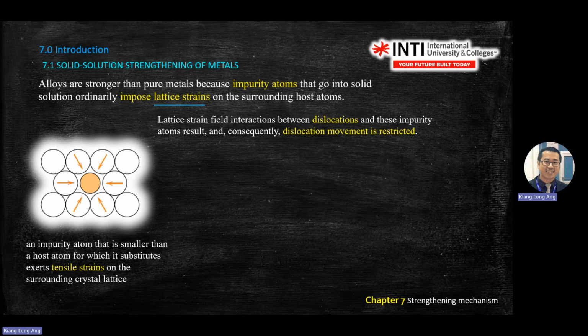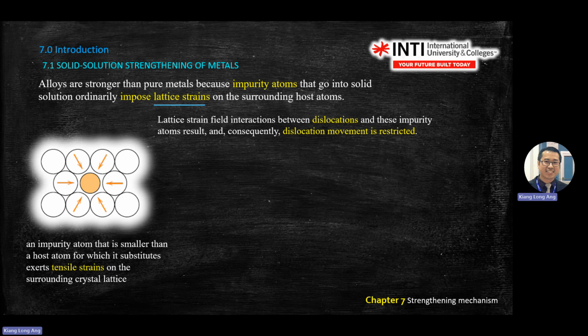So there are two cases. If it is positive 15% R, it means it's bigger than the host. So you're going to push the material, you're going to compress the surrounding host or sphere. So it becomes compressive strain. When it becomes negative, it becomes tensile strain.